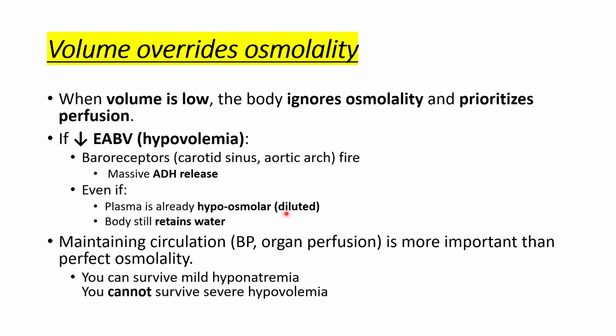So the receptors will prioritize control of volume over control of osmolarity, and the body will retain water. It is logical that you can tolerate a slight shift in your osmolality, but you cannot tolerate decreased EABV because it is responsible for your organ perfusion and the functioning of different organ systems.